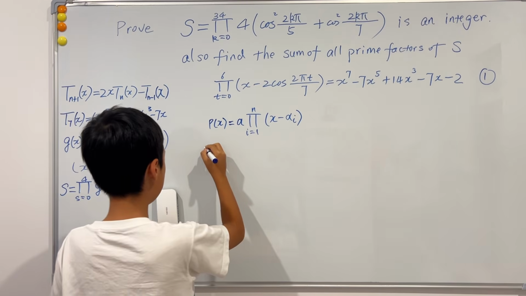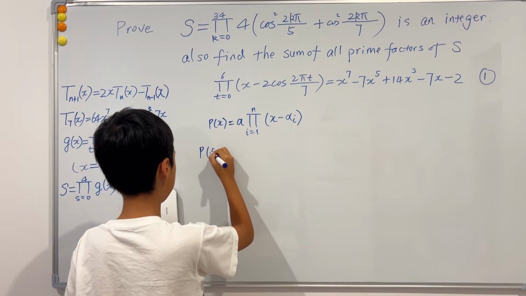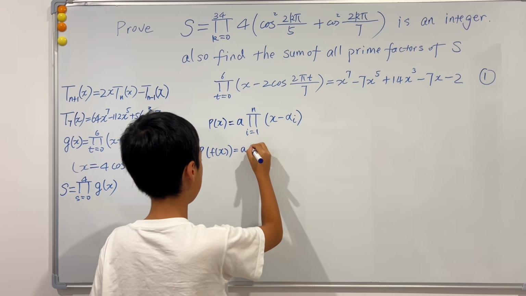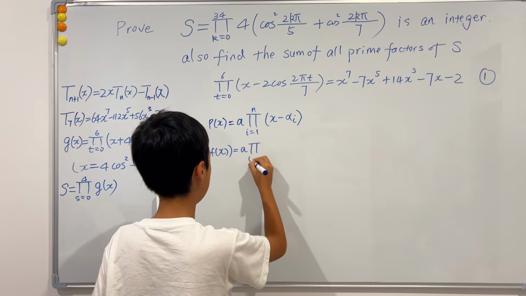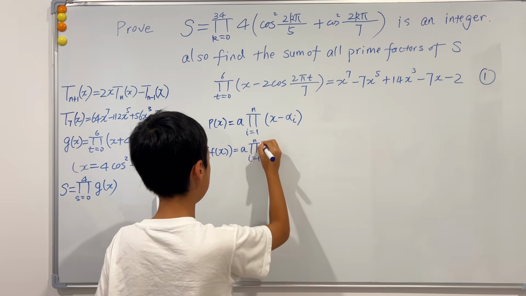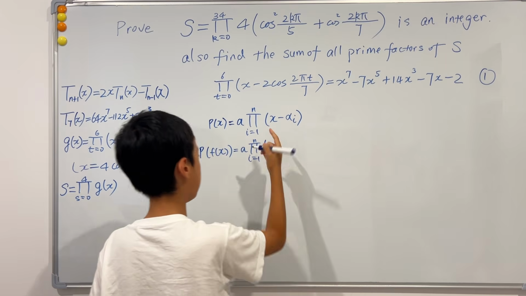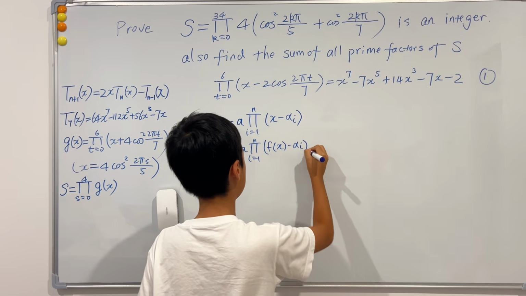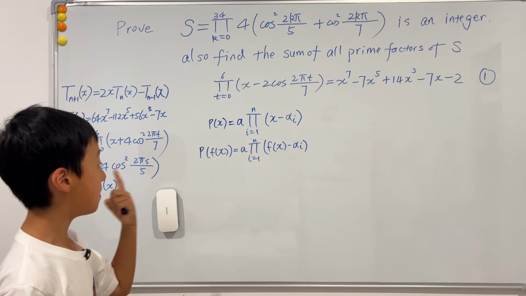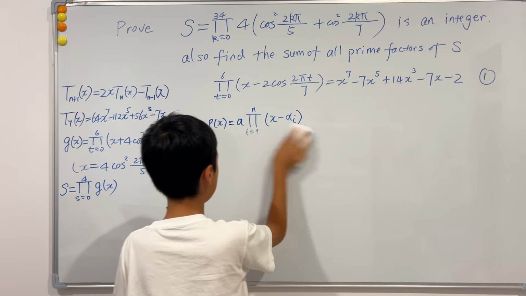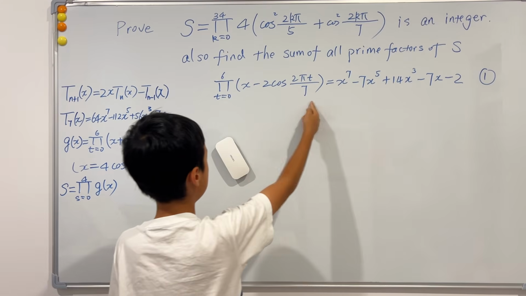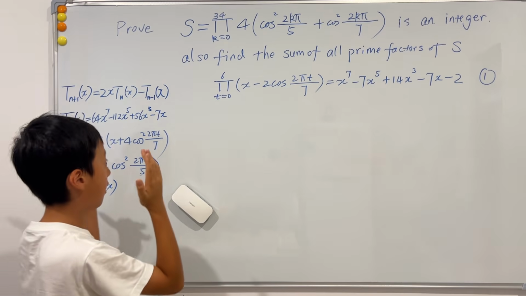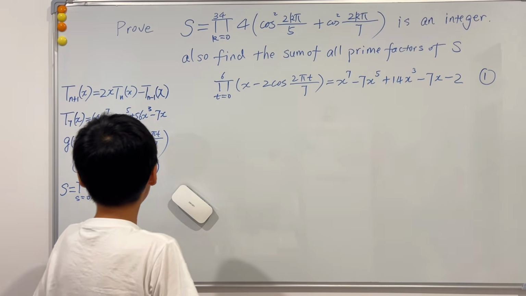For example, we can get p of f of x. And this is equal to, same thing, a times capital Pi, i goes from 1 to n, where we just replace the x with our f of x. So with this in mind, we want this to be the same as this, right? But right now, we're a far way off.